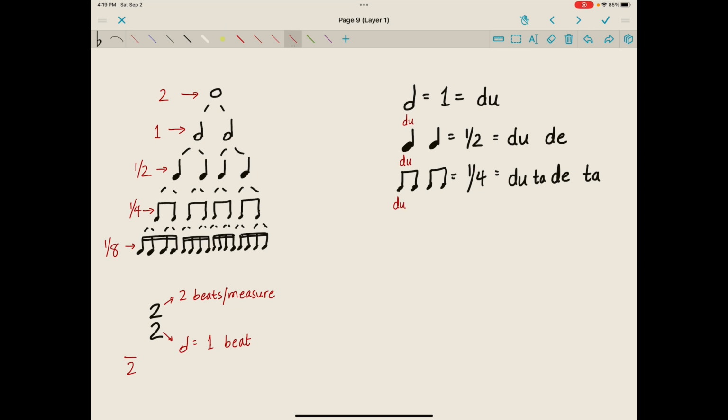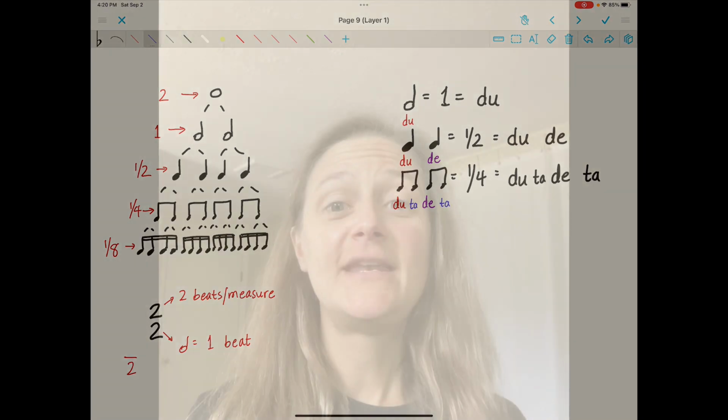And then we'll put our days where they belong halfway through that do beat. Okay, so there's a day, here's a day, and then these quarter beats will get extra syllables, do, ta, day, ta.